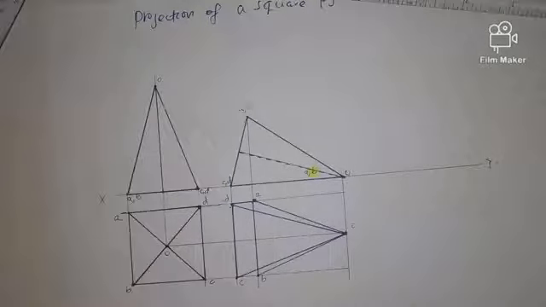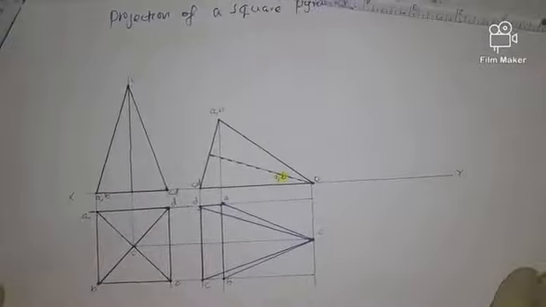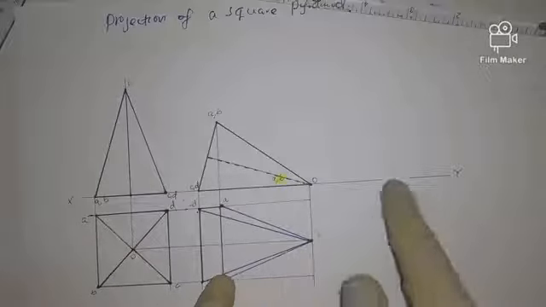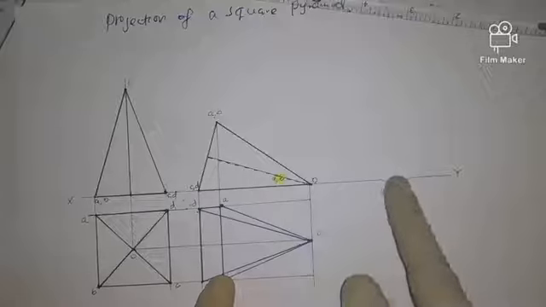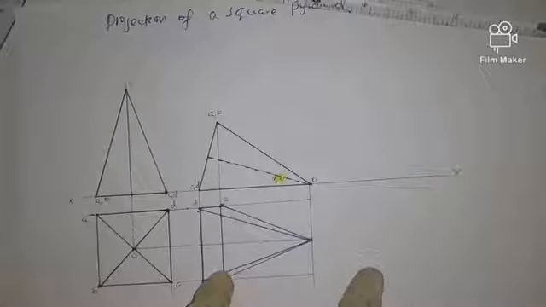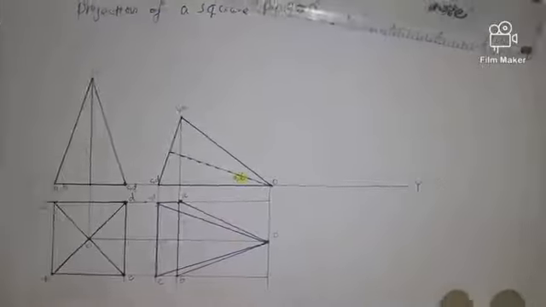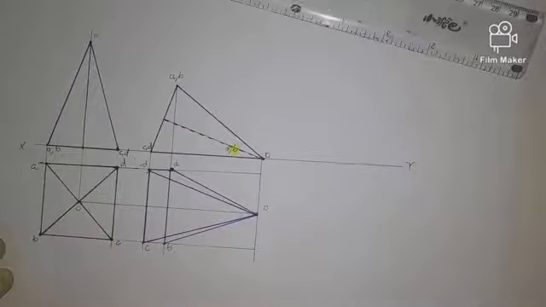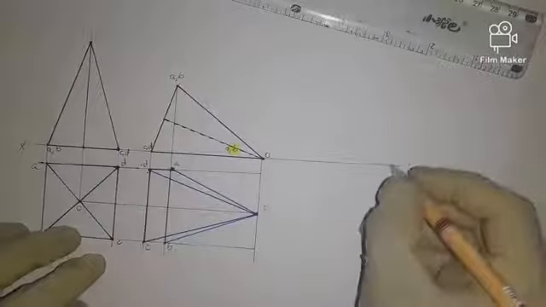Okay, now once we are through with that, we have to draw the third condition, whereby now we are making this to be more closer to the vertical plane at an angle 45 degrees. So we are going to draw an angle 45 degrees from a given point on XY. Let's say I'm having it here.